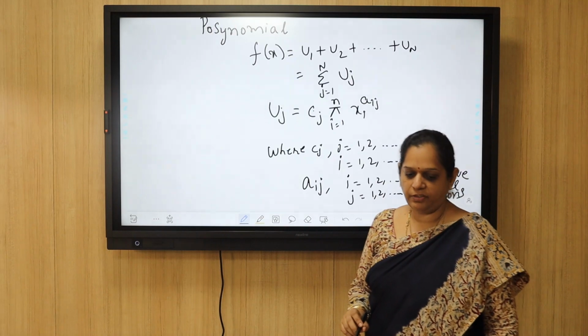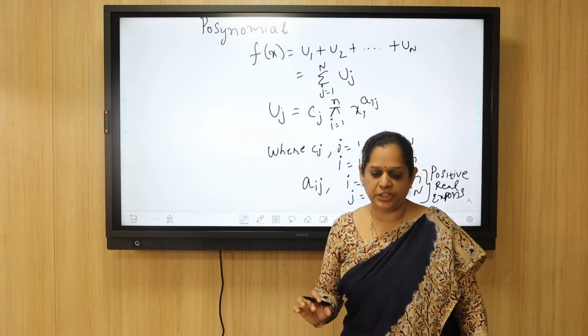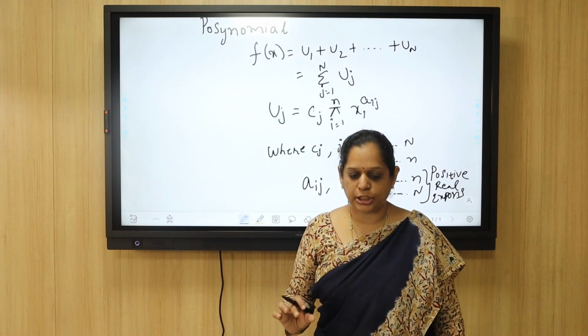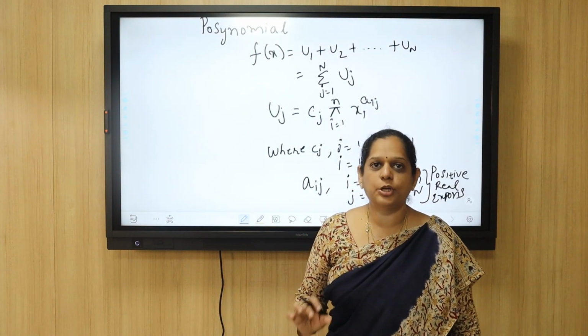So this function, which consists of positive constant coefficients, positive design variables and positive real exponents, is called a polynomial function.